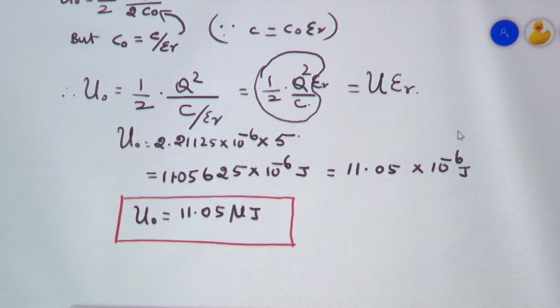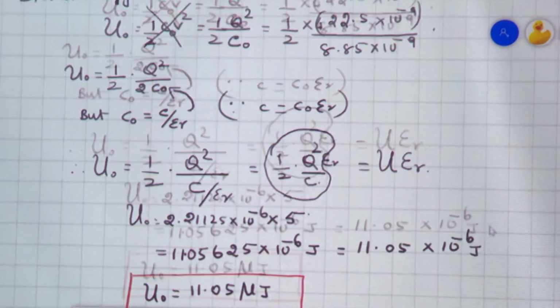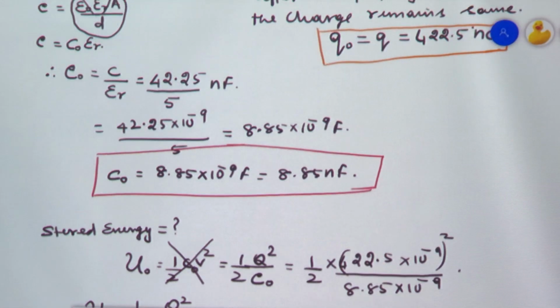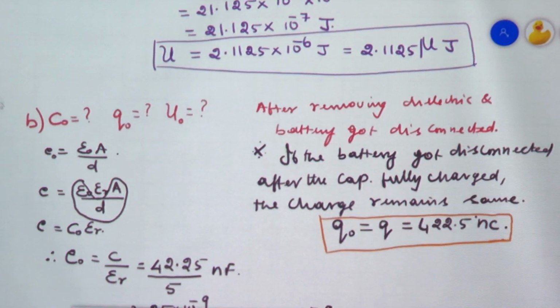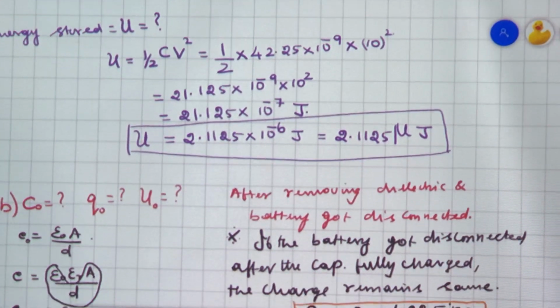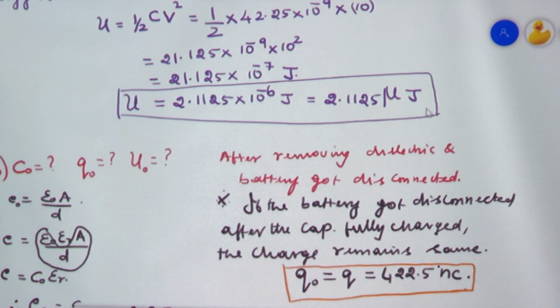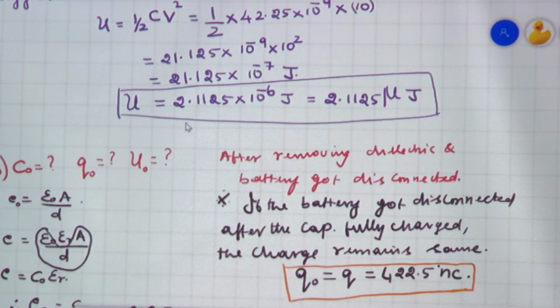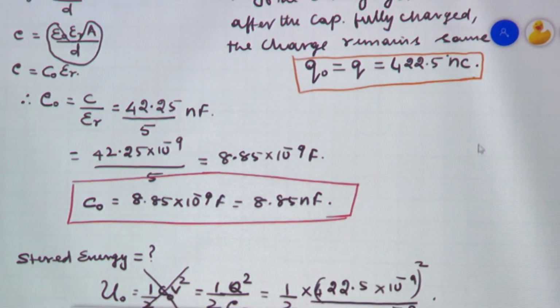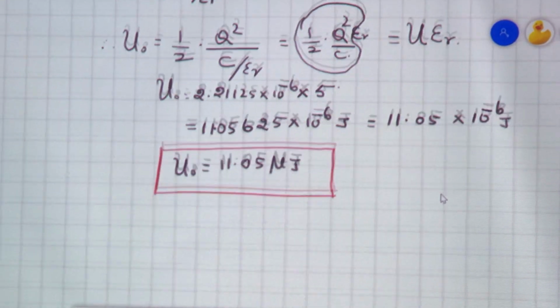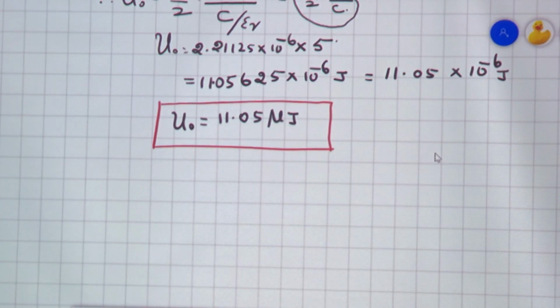Now, we have calculated two energies. One is the energy stored in the capacitor while the dielectric is available, that is 2.1125 microjoule. After the dielectric is removed, we have calculated the energy stored as 11.05.